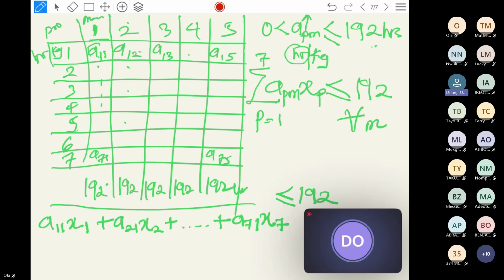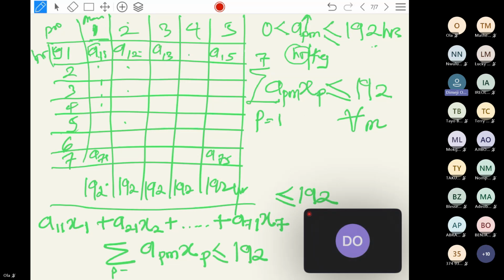That's too much, so we can have it in a compact form, which is the summation of AMP XP less or equal to 192, where P is 1 to 7 and M is 1 to 5.